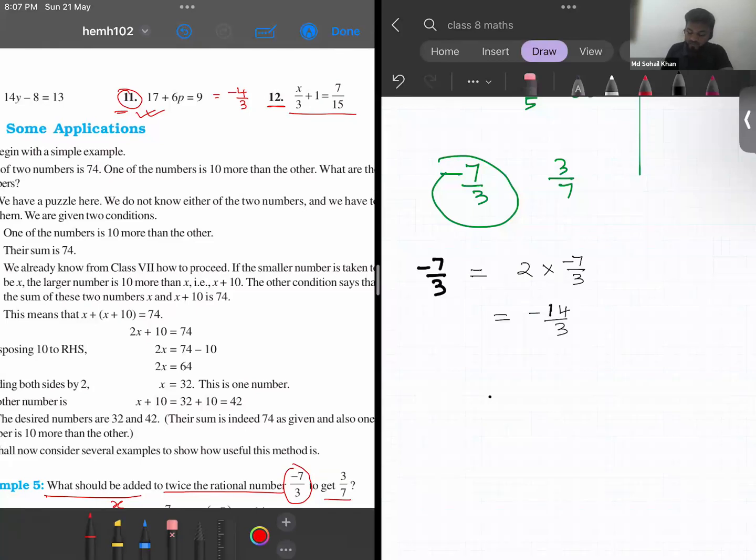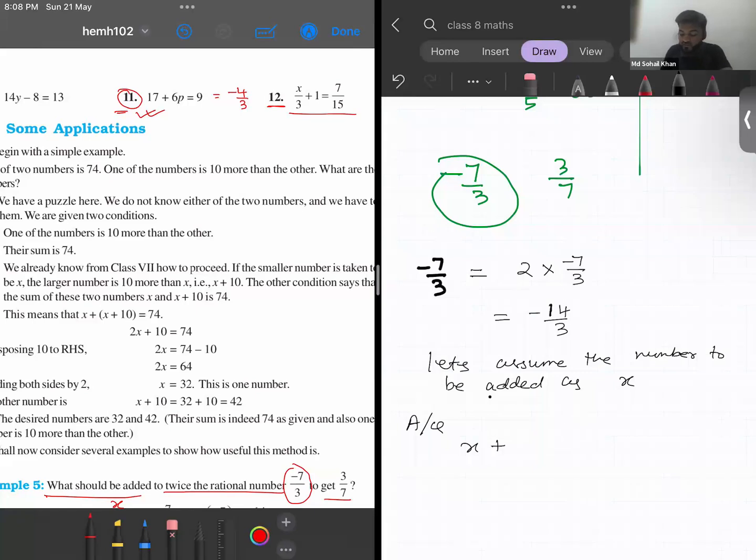Right. Now, read the question again. What should be added to twice the rational number minus 7 upon 3 to get 3 upon 7? So let's assume the number to be added as x. So we have taken a variable here. Now, according to our question, x plus twice of minus 7 upon 3 should be equal to 3 upon 7.